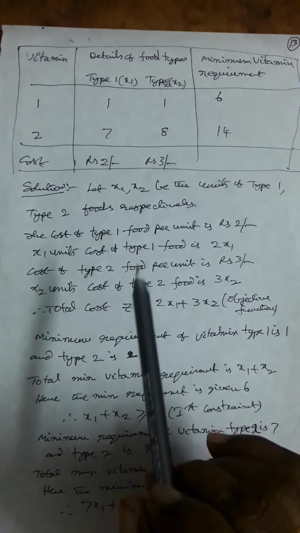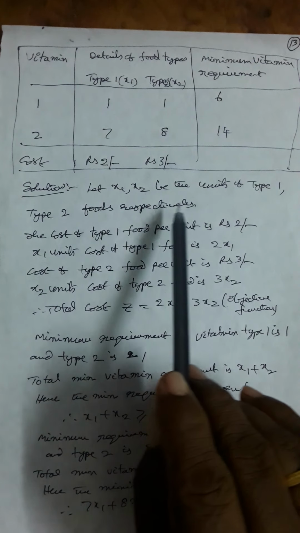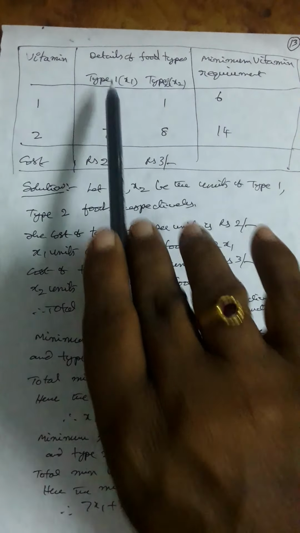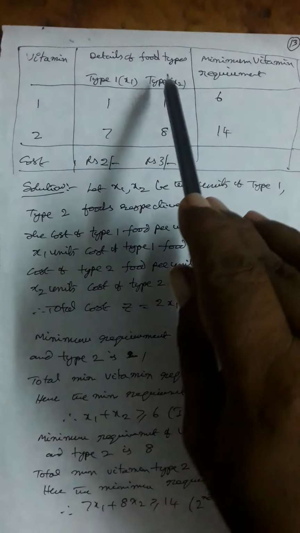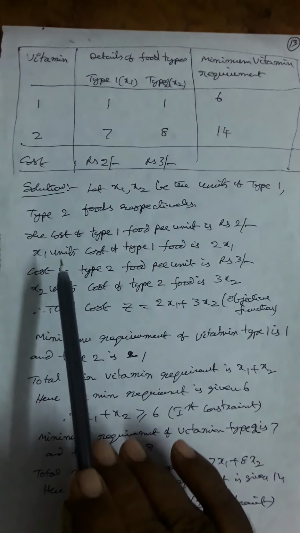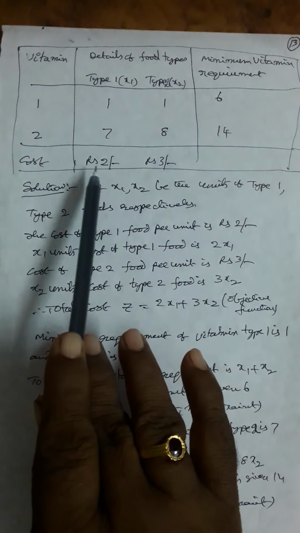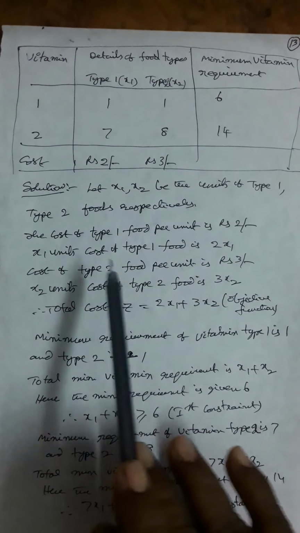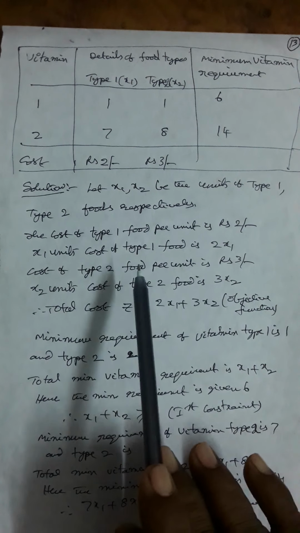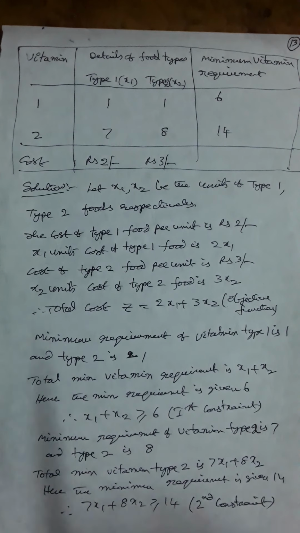So first, write: let x1, x2 be the units of type 1, type 2 foods respectively. The cost of type 1 food per unit is rupees 2. So x1 units cost of type 1 food is 2x1. For example, if 1 chocolate is 5 rupees, 10 chocolates cost 10 into 5.